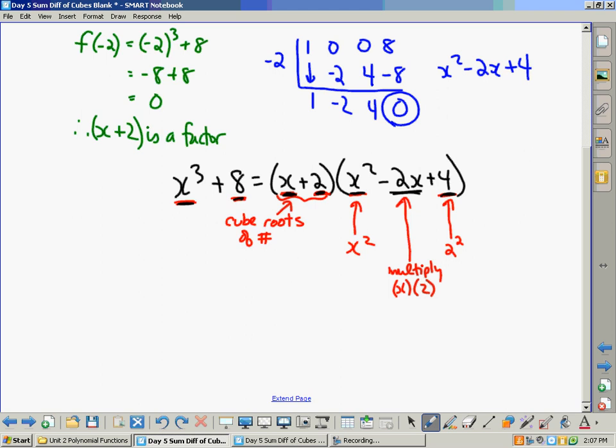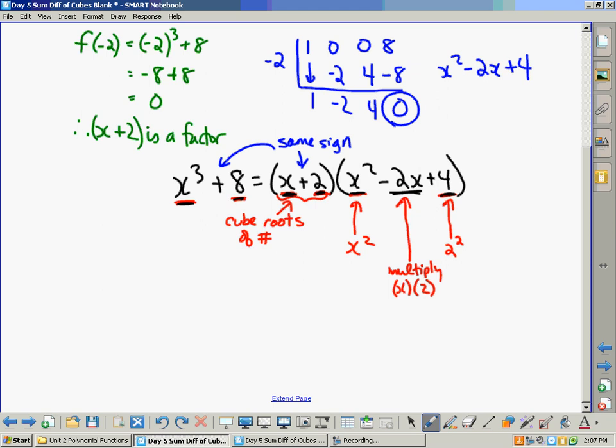All that's left is making sure we understand where the signs come from. You'll see here that x cubed plus 8 produces a factor of x plus 2. That's because the root is negative. Now this then is the same sign as this.